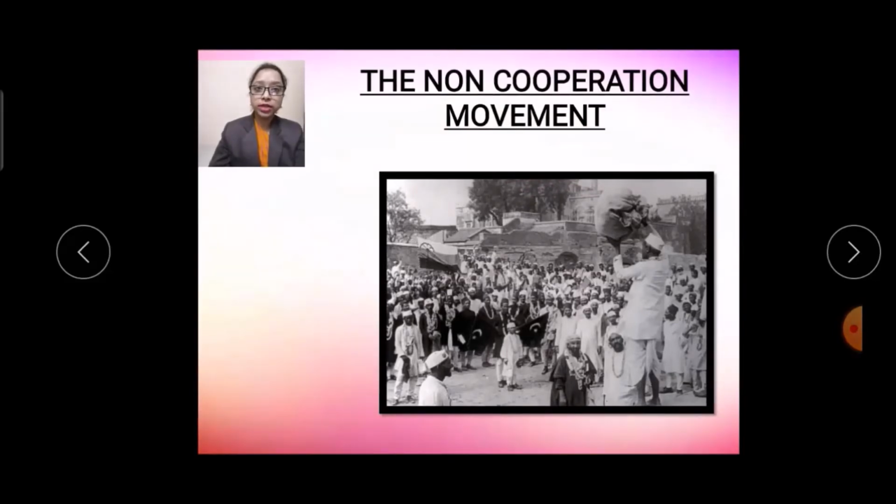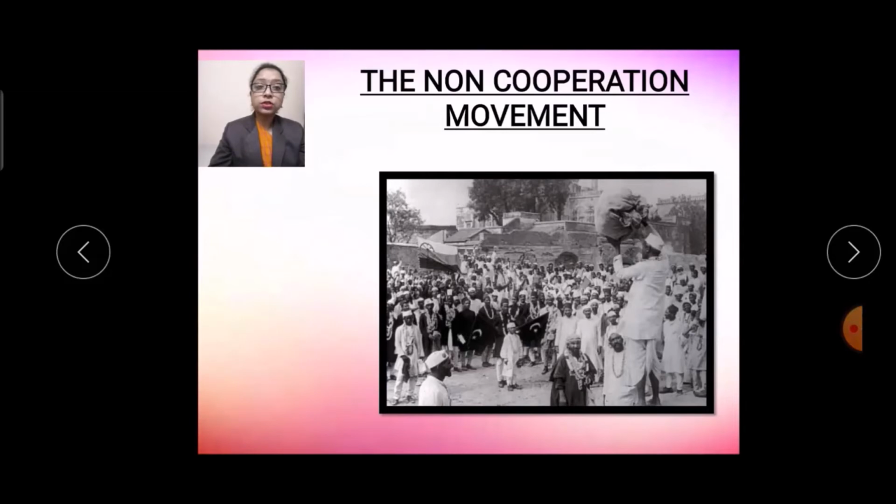After the shootings, the attitude of the British government convinced Gandhiji and the people of India that India must become independent. For this, Gandhiji launched the non-cooperation movement. Gandhiji asked the people of India not to cooperate with the British.